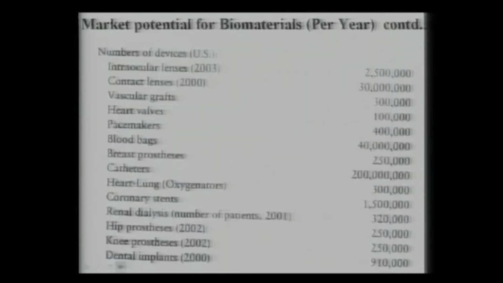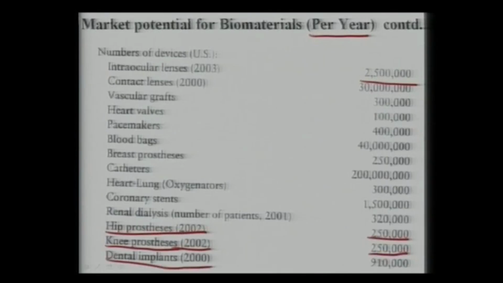Now this slide shows you the market potential for biomaterials per year. If you see the number of devices in the US, intraocular lenses are several thousands, and for knee prosthesis and hip prosthesis, the numbers in 2002 were like 250,000 each, and dental implants are much more, in 2000 that is 910,000 dental implants were required.